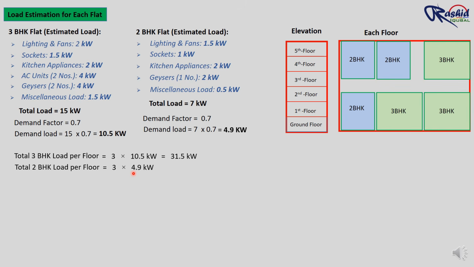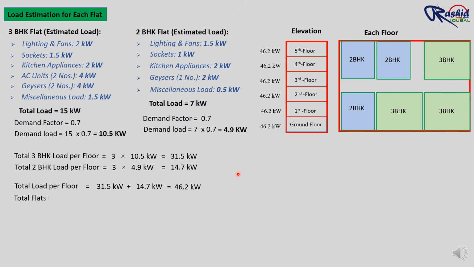This 4.9 is a single unit of 2 BHK flat, and we have 3 numbers of 2 BHK flat in each floor. So 3 multiplied by 4.9 kilowatt equal to 14.7 kilowatt. Now the total load per floor, we will add both values, 31.5 kilowatt plus 14.7 kilowatt equal to 46.2 kilowatt.